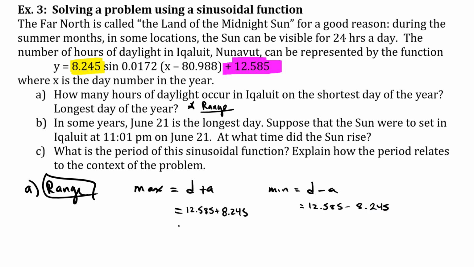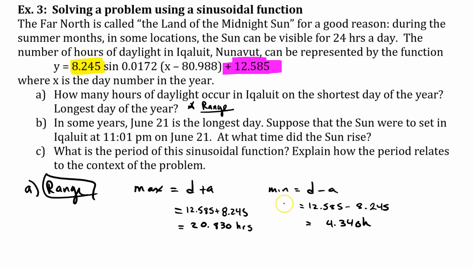So the max here is going to be 20.830 hours. And the minimum here is going to be 4.340 hours.